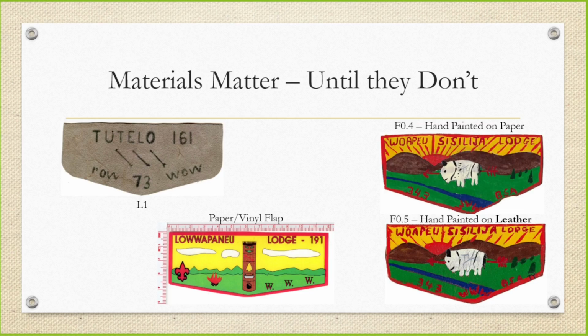Because you have here a Tulpe 161, you have their leather flap. Now the story behind this is they showed up for the powwow, the conclave, essentially, and they didn't have a flap yet. They'd just done the merger. And so what they did is they took these leather flaps, and you can actually see right to the right of the 161 is one, and the other one's a little farther down to the left of the T, are staple holes.